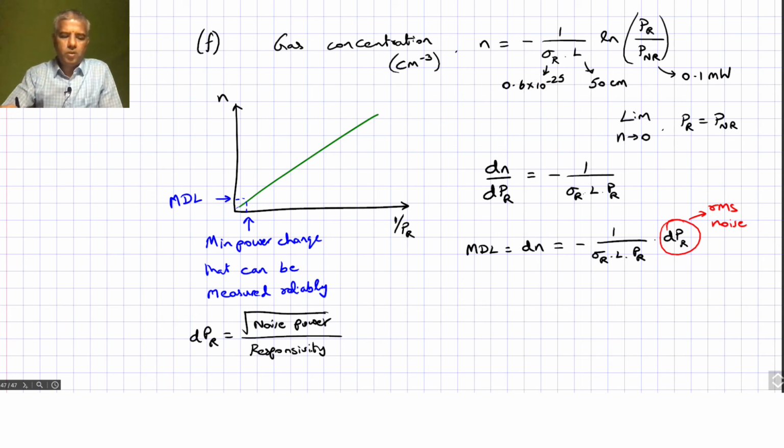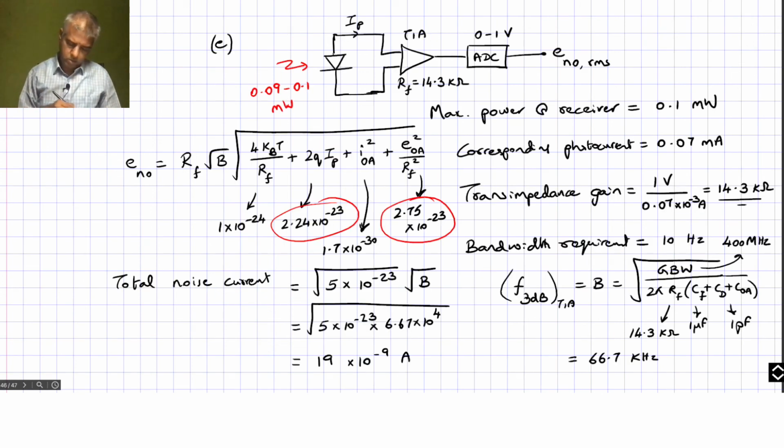And the total noise power, if we calculate, that will correspond to what we have over here, 5 into 10 power minus 23 multiplied by B. So, actually I made a mistake here.